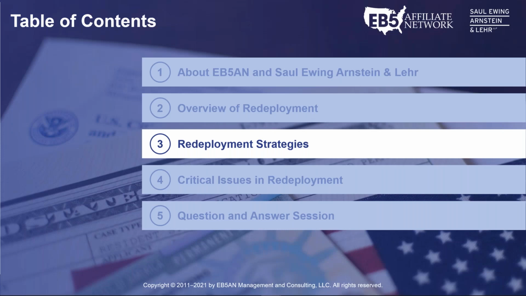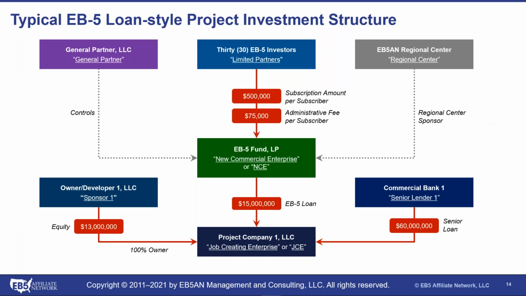And we'll start that discussion off with Jay and Ronnie kind of walking us through who are the various parties that are involved in a redeployment and what's at stake and different incentives and kind of how that works in a traditional deal structure. And for this structure, we're going to assume that a loan has been made and that it was done obviously at the previous $500,000 level.